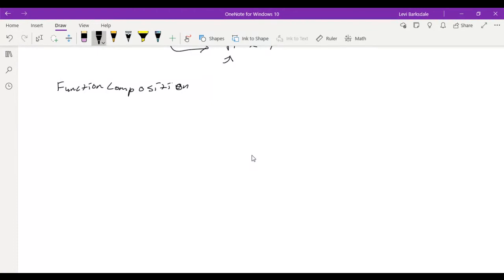If you remember from, I guess, way back in algebra, if you have two functions f of x and g of x, well, you can take the function composition f of g, which would be f of g of x like this. And that's how you do things for single variable functions.